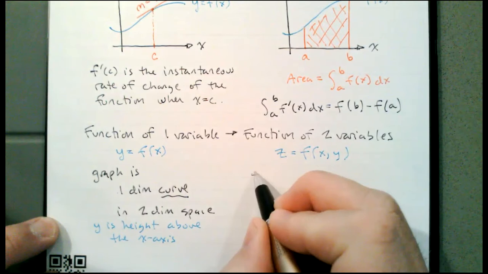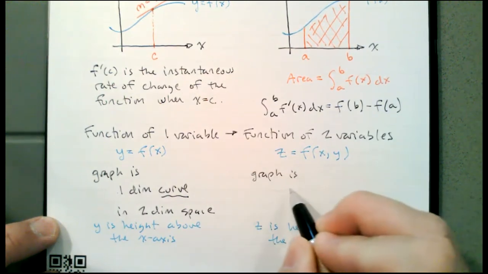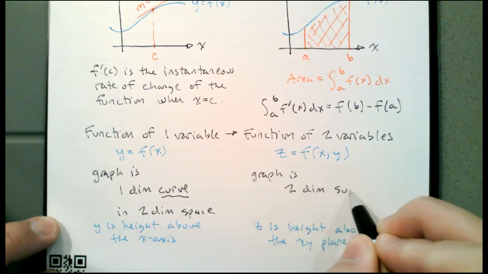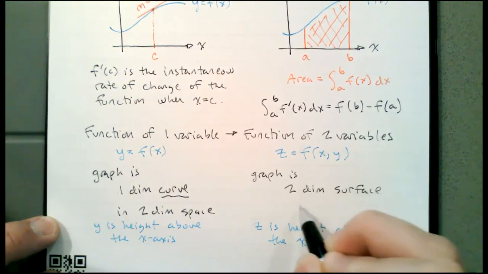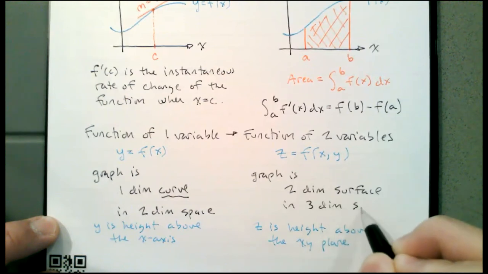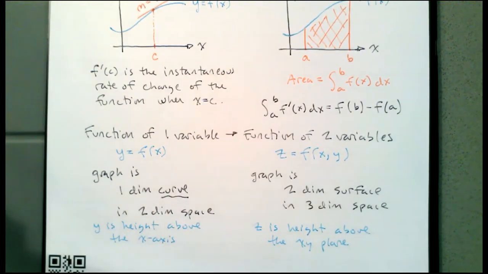So in this case, the graph is a two-dimensional surface in three-dimensional space. Three dimensions because we have an x, a y, and a z. Each point is going to have an x, a y, and a z.